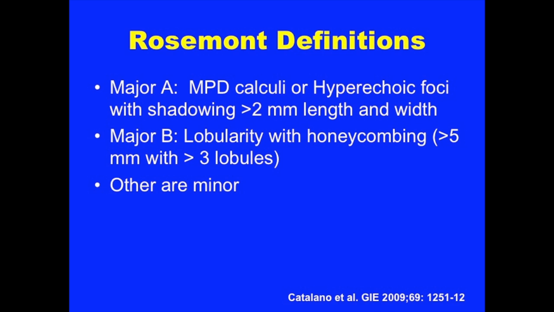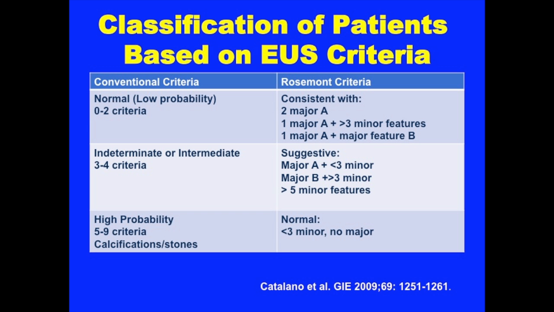Major B includes lobularity with honeycombing, and they define the criteria for these as greater than 5 millimeters with more than 3 lobules. The other criteria that we've mentioned before are considered minor.